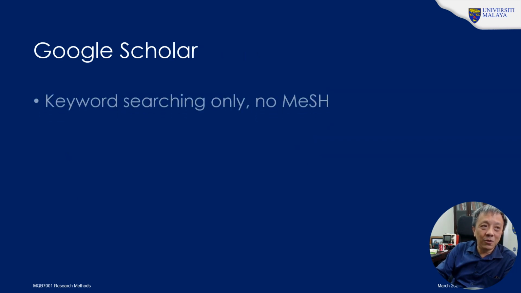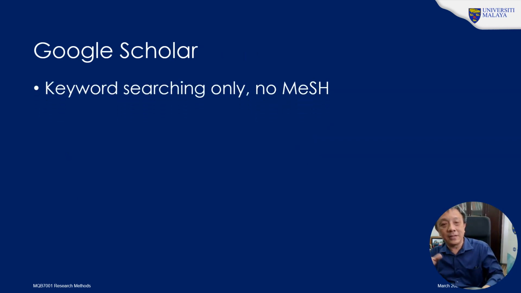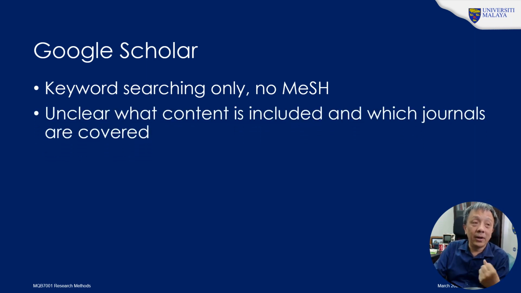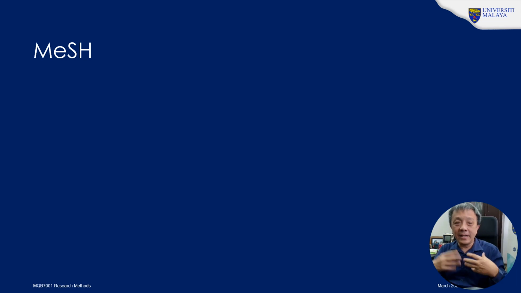Google Scholar, as I mentioned earlier, is different from the normal medical databases. Google Scholar uses robots or spiders to crawl, so it is unclear what content is included and which journals are covered, and the search method is also very different.